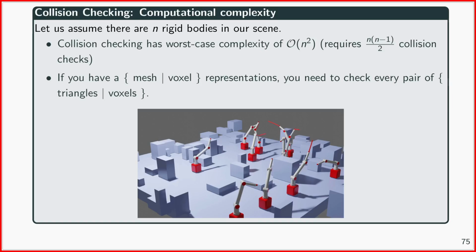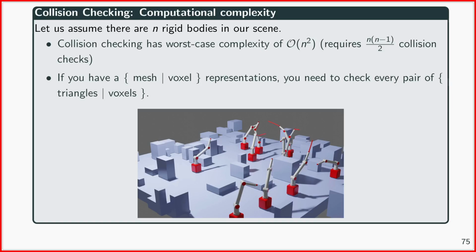And so if you have a mesh representation, you need to check every pair of triangles. And if you have a voxel representation, you need to check every pair of voxels on different obstacles. And if you have a very big or large scene with a lot of robots and a lot of objects, like this one down here, then this can become very, very complex.